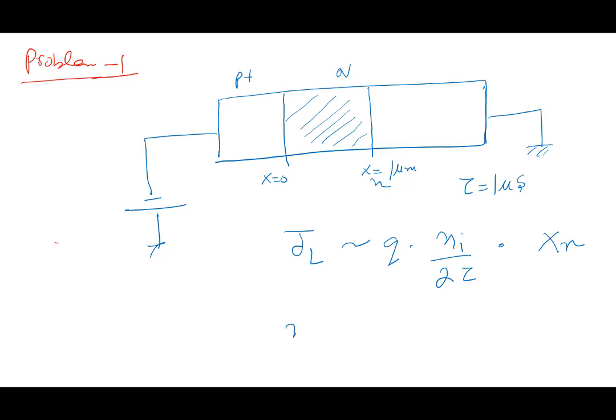So ni, we are only talking about order. Ni will be equal to 10 to the power 10 per cm cubed. Now just do the calculation and write it down, so that you get a very quick estimate of how much reverse leakage current will flow in a PN junction like this.